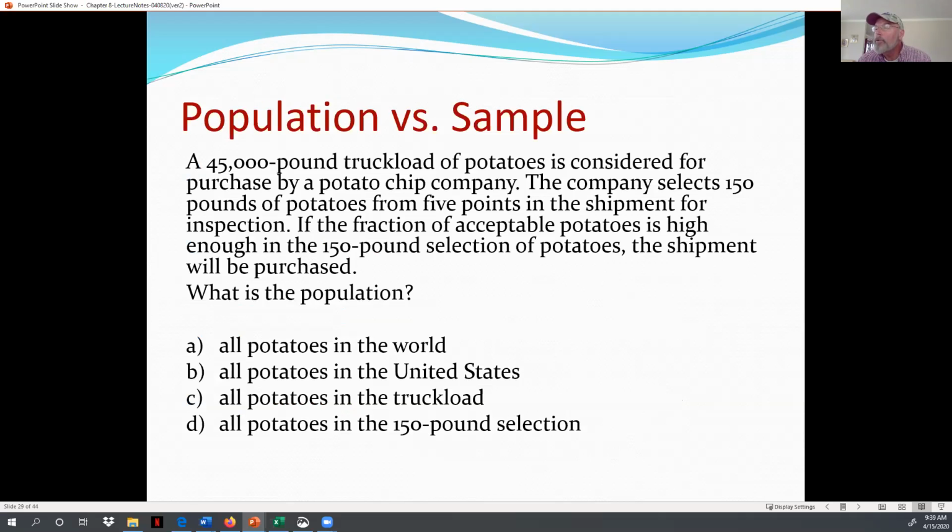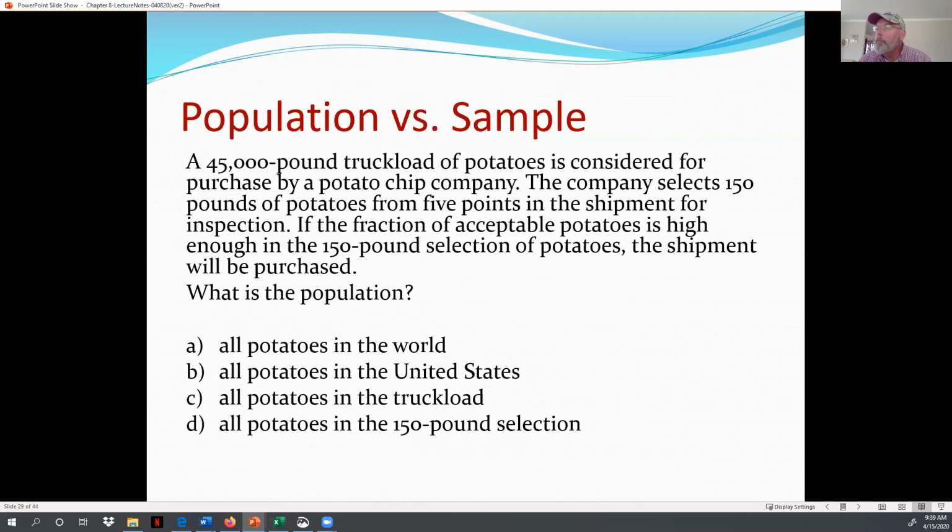So this is going to a potato chip factory. The company selects 150 potatoes from 5 different points of shipment.